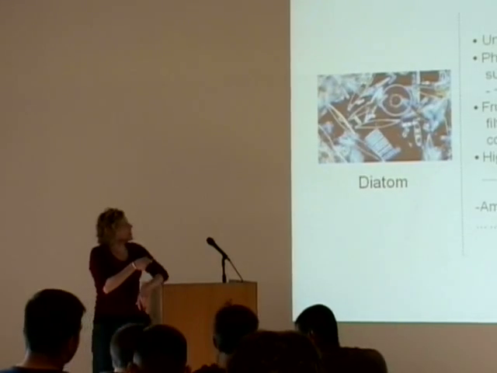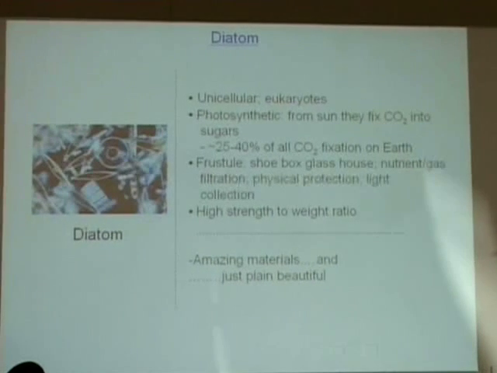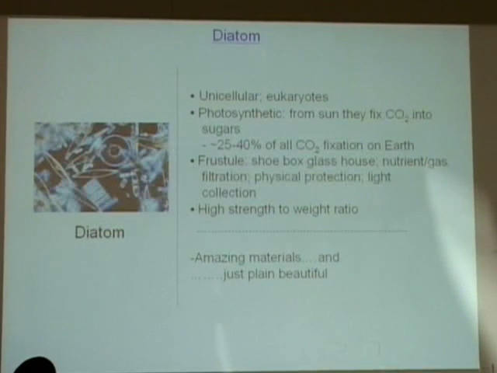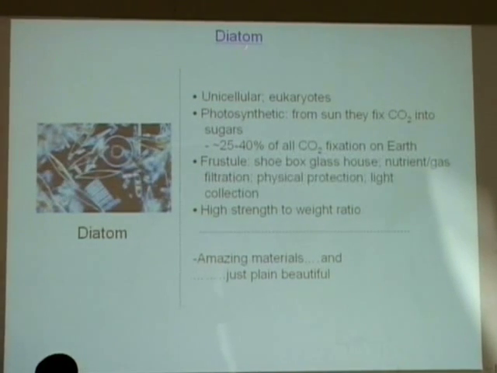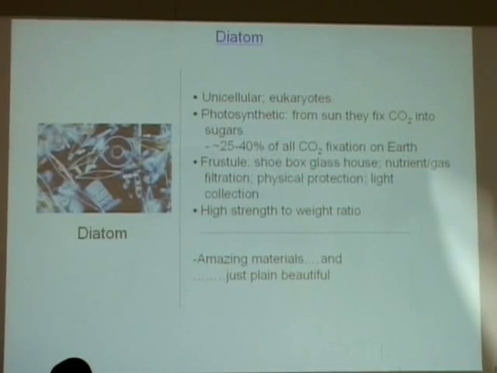Well, it turns out when you look naturally, who changes that CO2 into sugars, which is what we need for our environment, turns out that anywhere from 25 to 40% of that CO2 gets eaten by these diatoms. So they're doing a really good thing for us in the Earth.